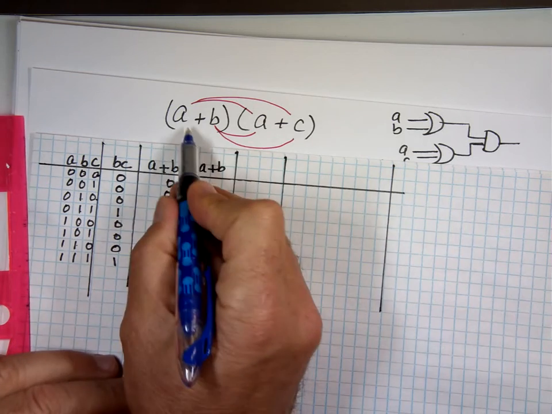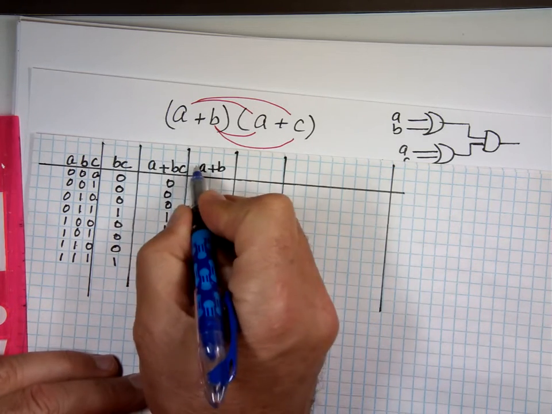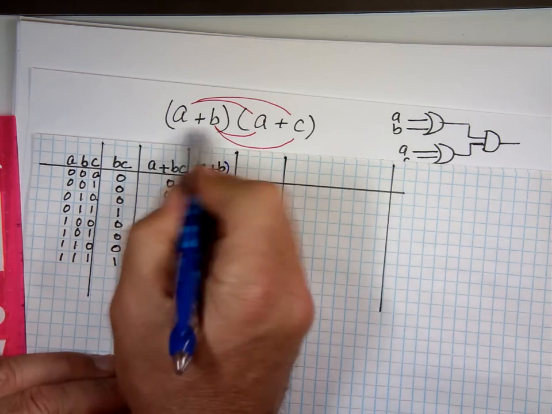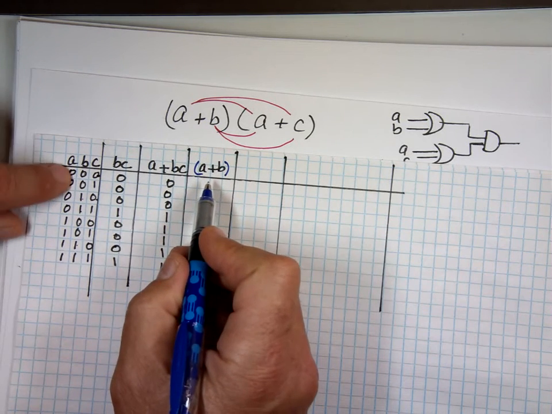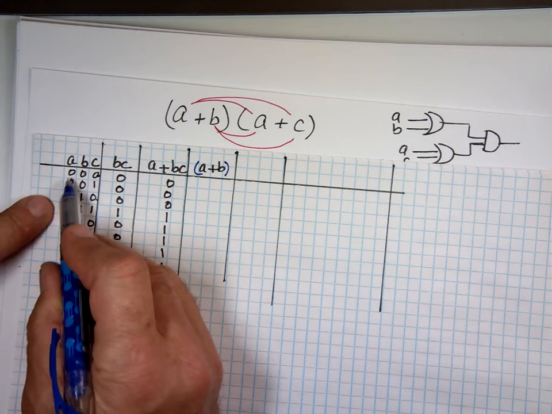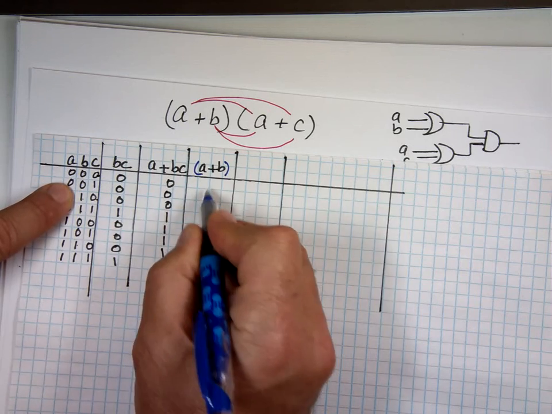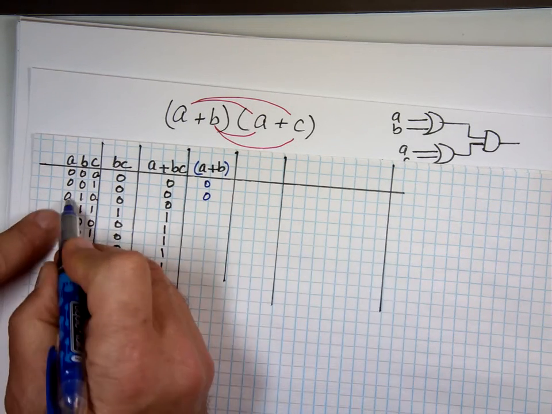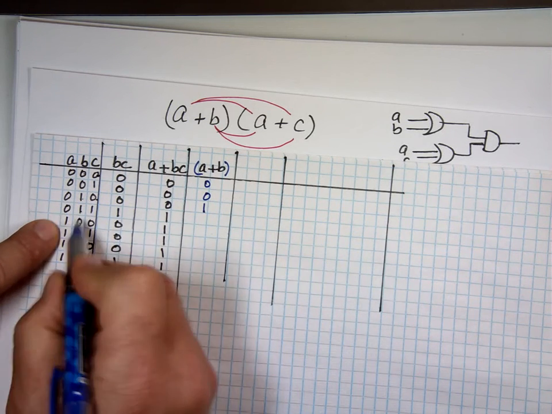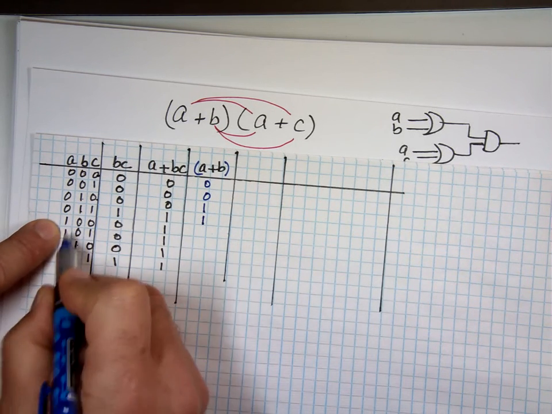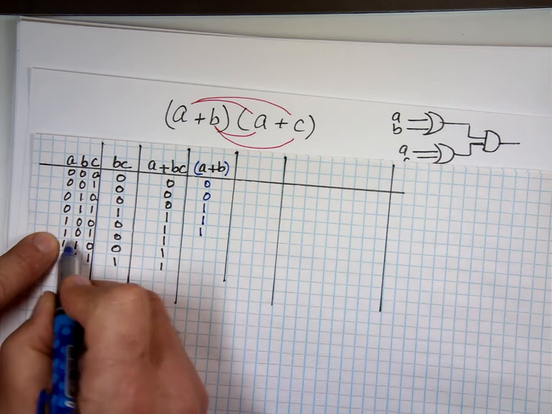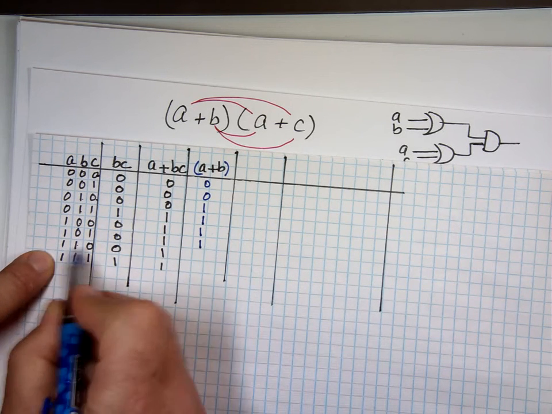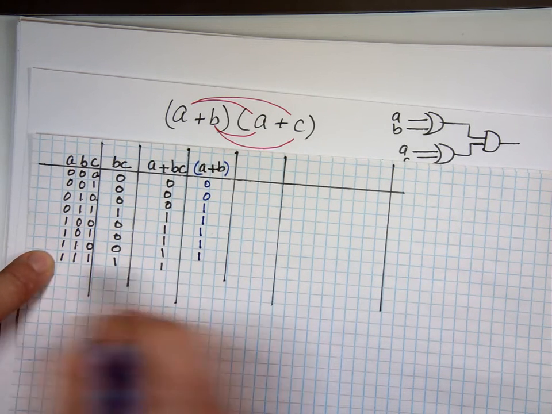I want to see if it's equal, so I'm doing here A plus B. I'm finding the answer to this. This is A and this is B. I'm doing the OR. 0 or 0, 0. 0 or 0, 0. 0 or 1, 1. 0 or 1, 1. 1 or 0, 1. 1 or 0, 1. 1 or 1, 1. 1 or 1, 1.